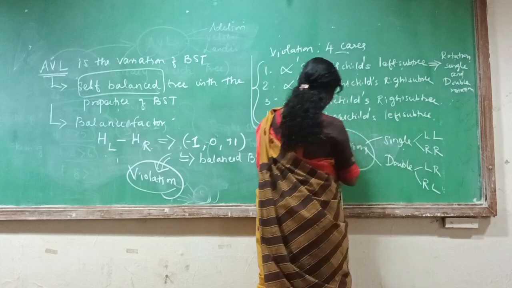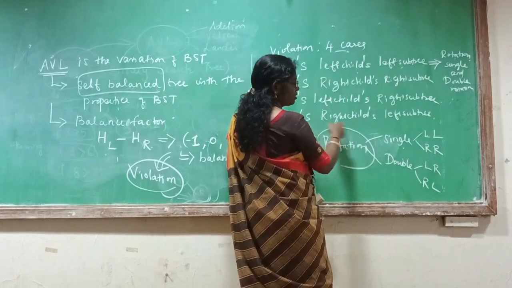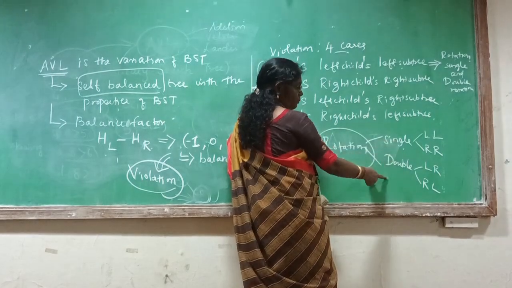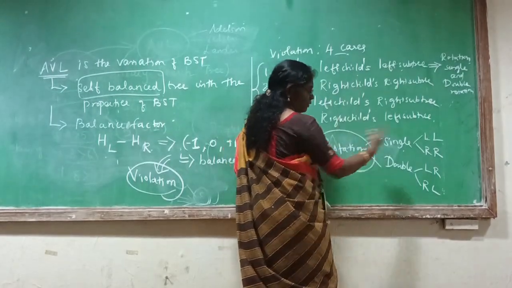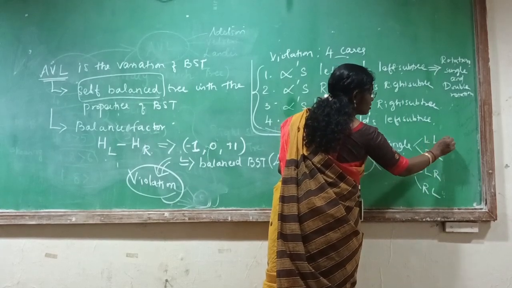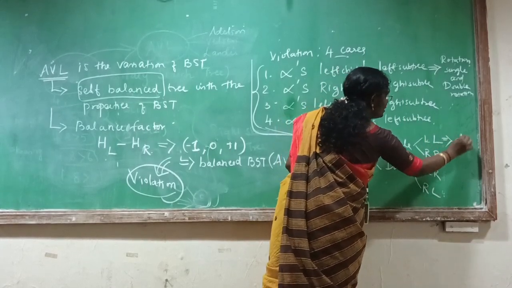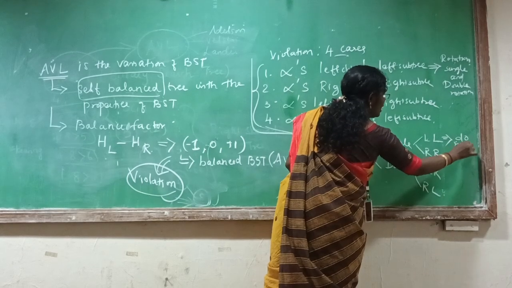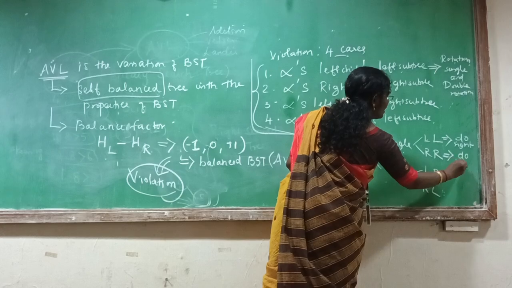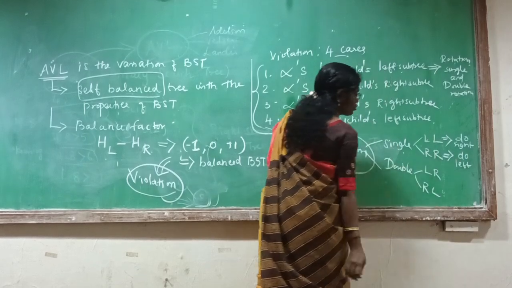So whenever we encounter either one of the situations, rotation is the only solution. Either we can go for single or double based on the situation. I will tell you in the next sequence. If it is left rotation, our action should be to do right. If it is right rotation, our action should be to do left. The opposite way we are supposed to do.